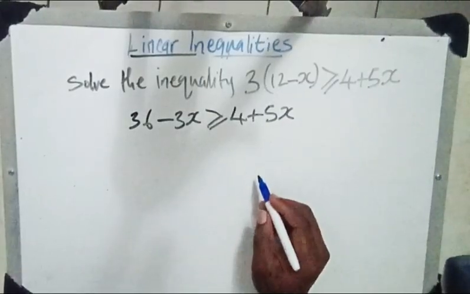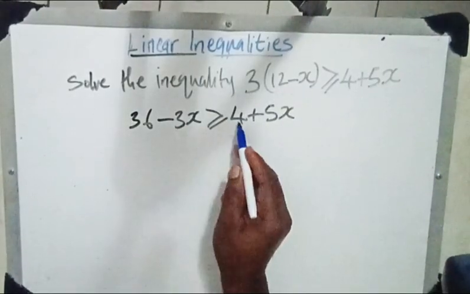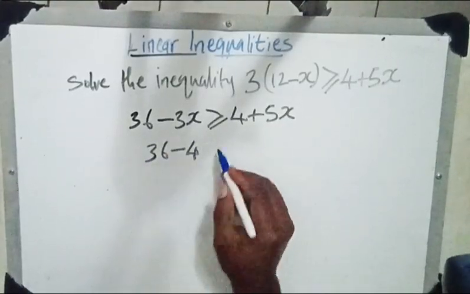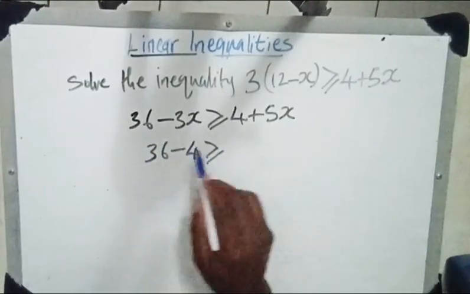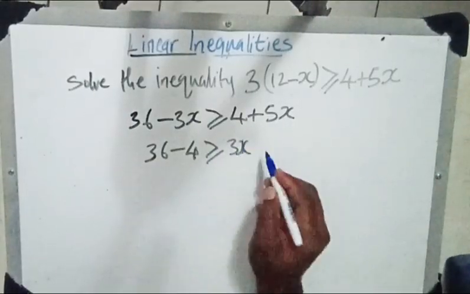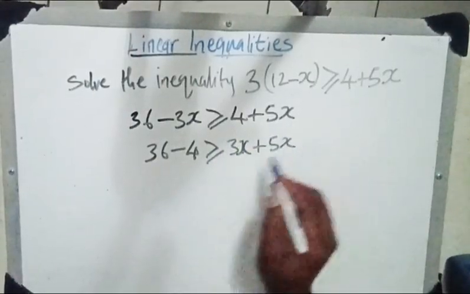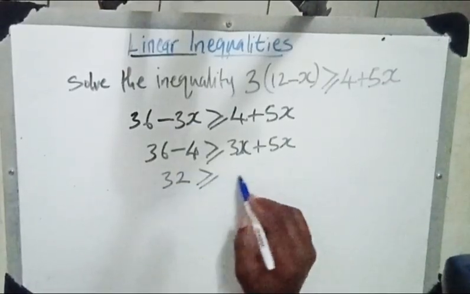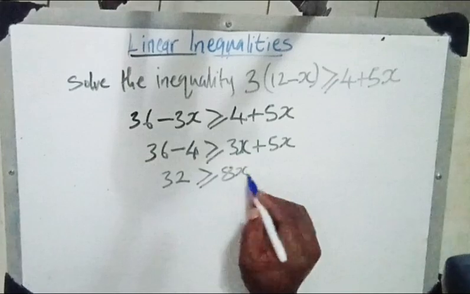Now we're going to collect like terms. Our plus 4 comes over here, and it becomes -4 on the left. Our -3x goes over to become positive 3x plus 5x, and that becomes 32 greater than or equal to 8x.